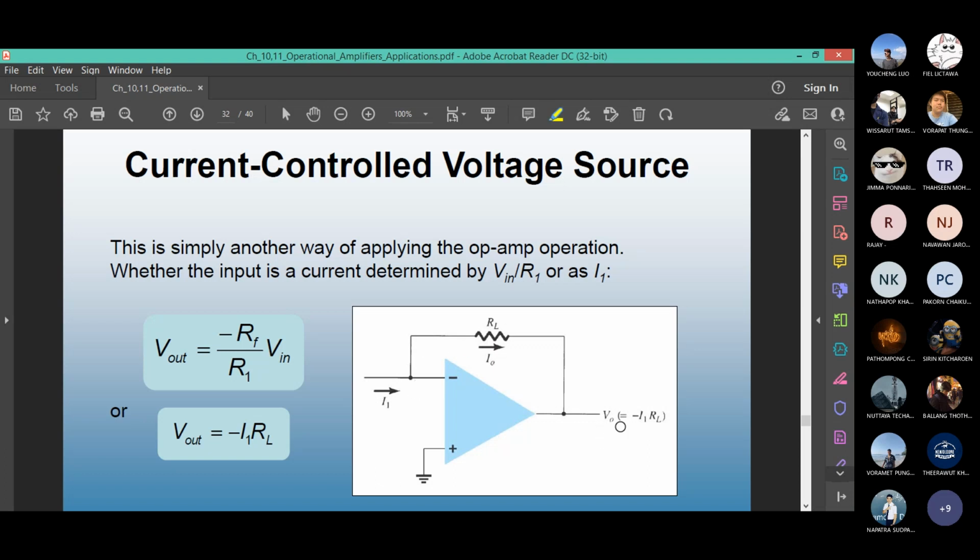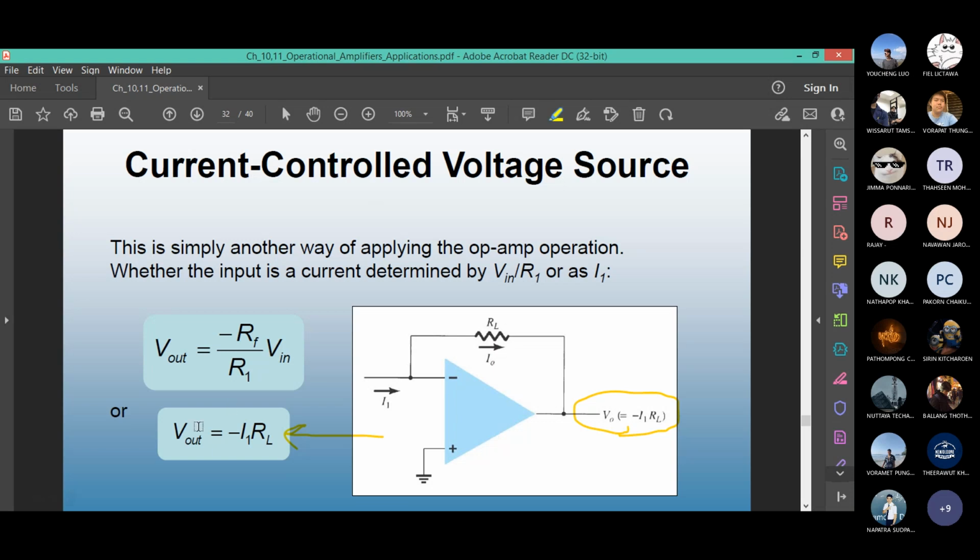V out is negative I1 RL because I1 equals I out. Ohm's law, current times resistor is the voltage, but why negative? Because it's a negative pin. Look at the equation. Output voltage is K times input current.